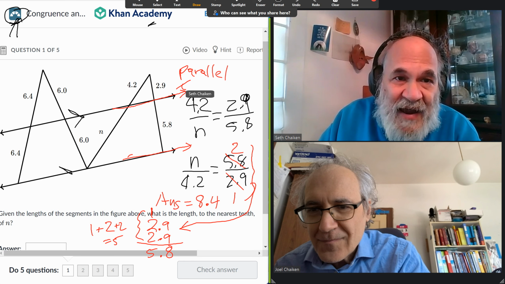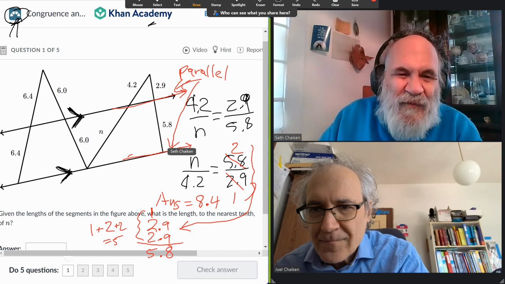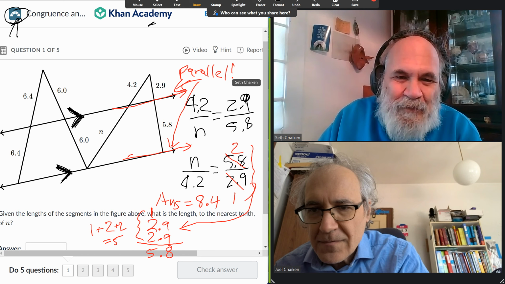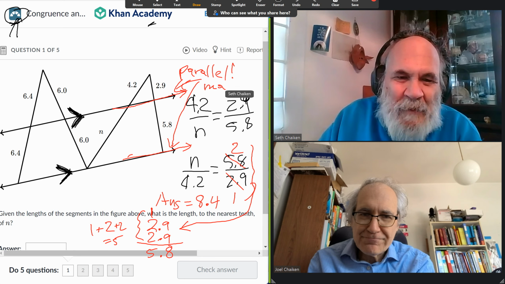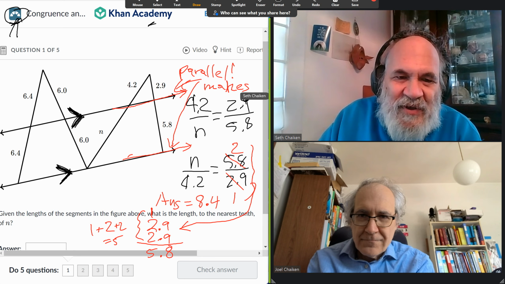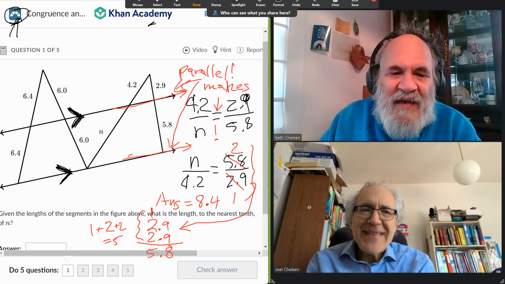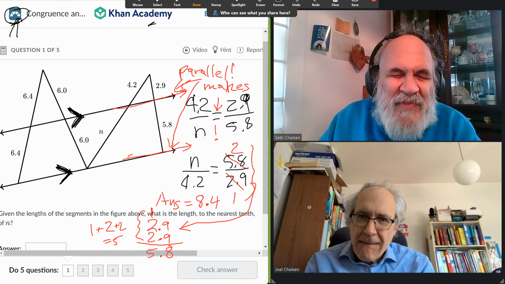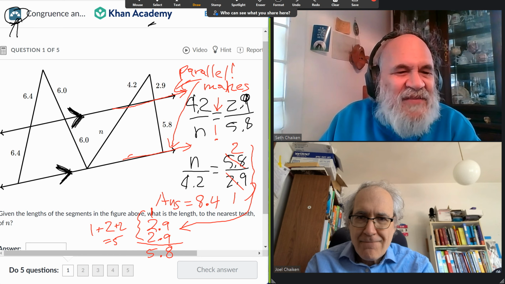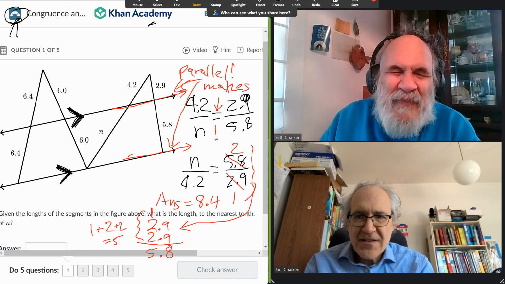These two lines being parallel is what forces this proportion to be true. I'm a bit disappointed that, since it's so critical, they didn't write it in English. Instead, they use these arrows. Right, these silly arrows.